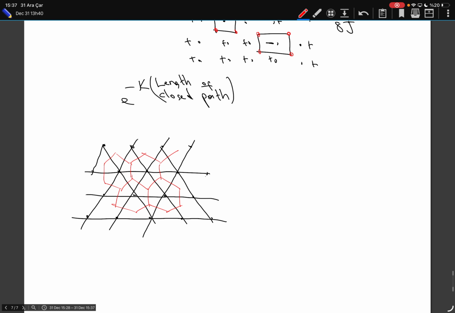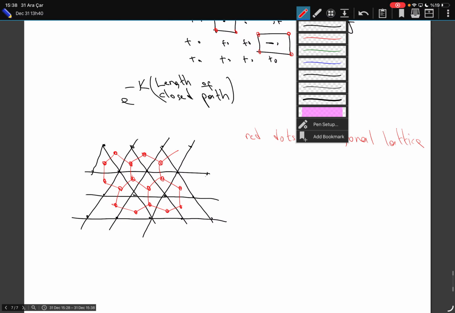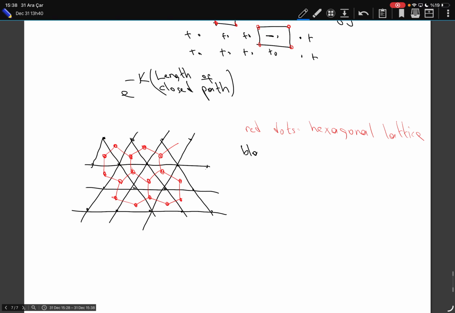I constructed my paths using these red curves, red paths. But you see, if you look at these points, they also form a lattice. They form a hexagonal lattice. The black dots form a triangular lattice.